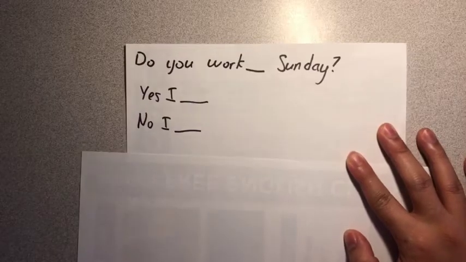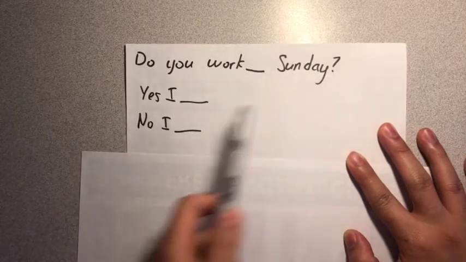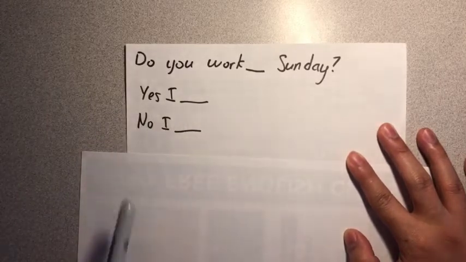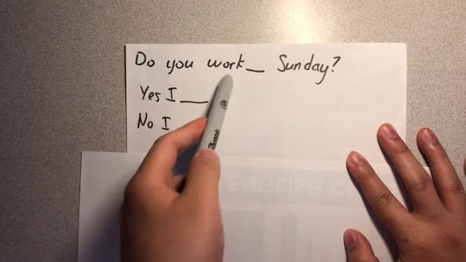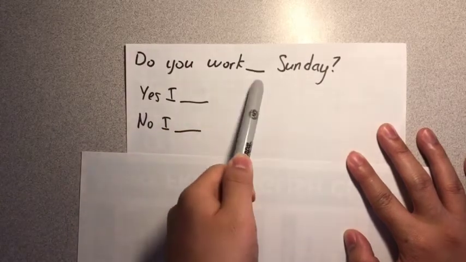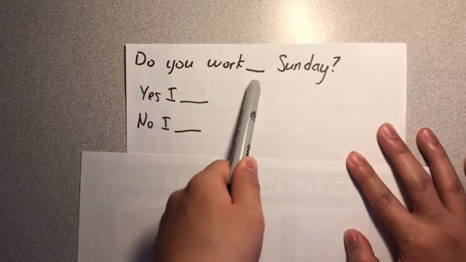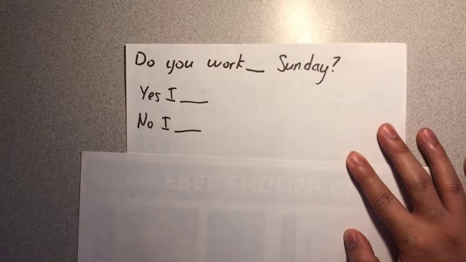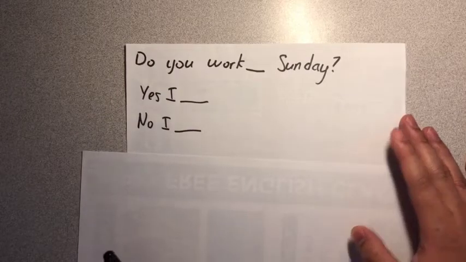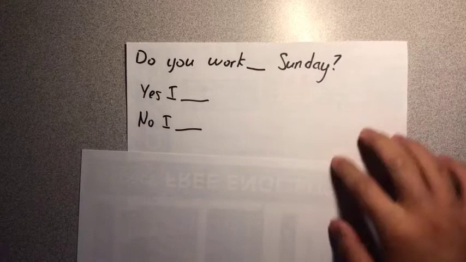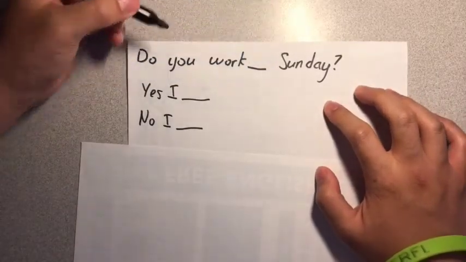Okay, now I want you to finish this sentence and finish the answers to the question. So here, do you work blank Sunday? A time word goes here. So what time word goes with Sunday, a day?